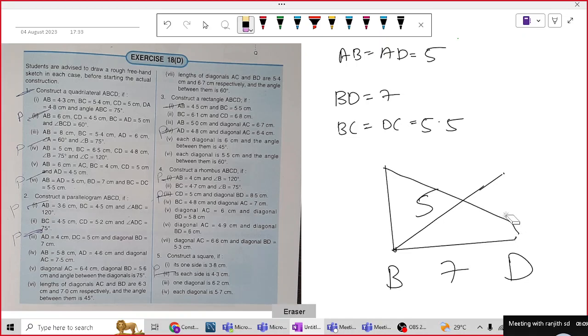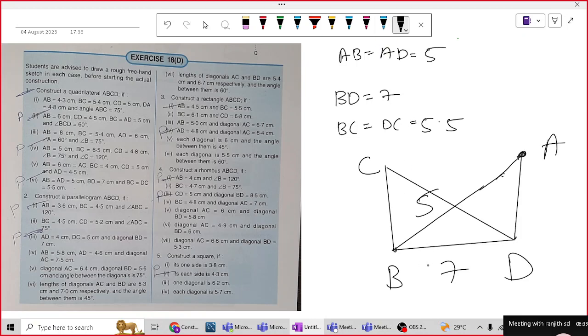The diagram is like that only, in the book also. This has a diagonal with it. So BC, DC, then we have AD 5. AD is 5. You get a diagram like this.